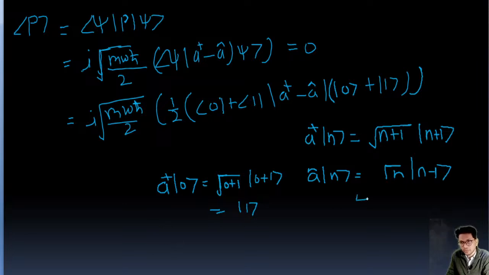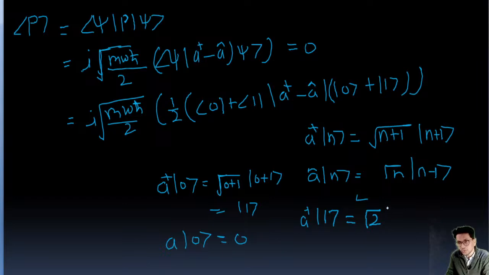Similarly, with the help of these formulas, a on 0 is going to be 0. Similarly, we can find out a dagger on 1, so this is going to be root 2 into state 2, and a with 1 is going to be root 1, which is 1, and this is going to be the 0 state.